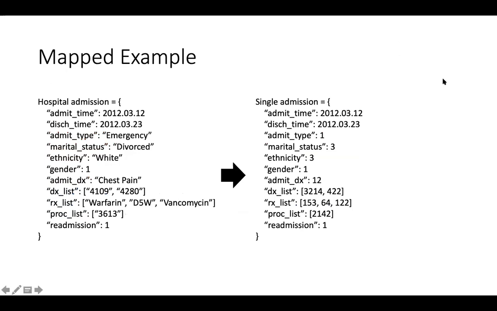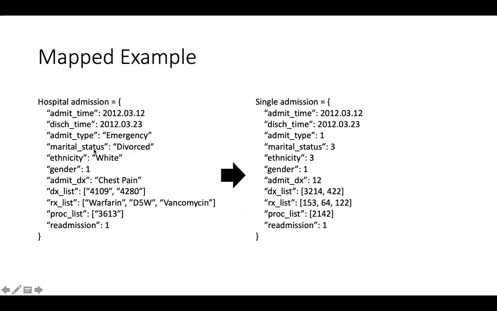For example, admit time, we're just going to ignore how you would process the time, at least for this example, because you can do it on your own. Here, emergency, divorced, white, this is the data structure given to us, and once we have a map between the string values and the integers, we can map them into integers.